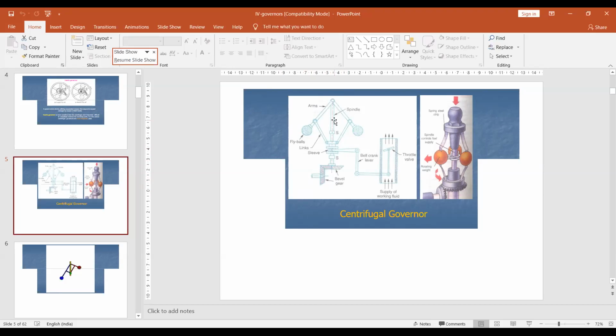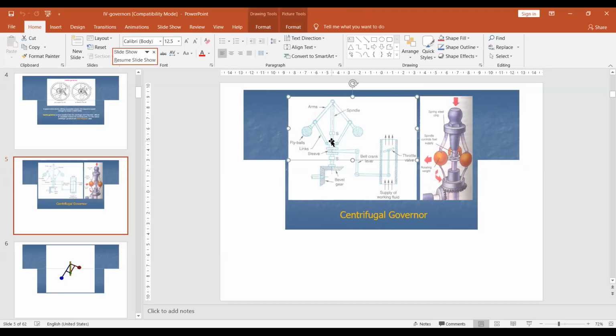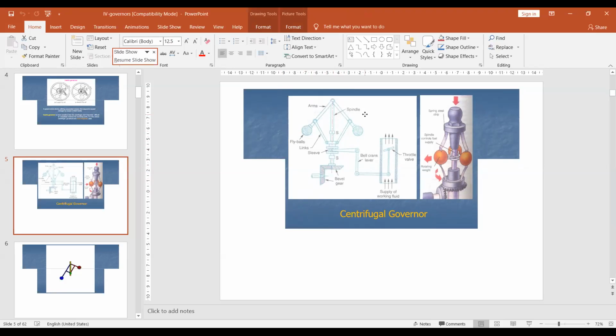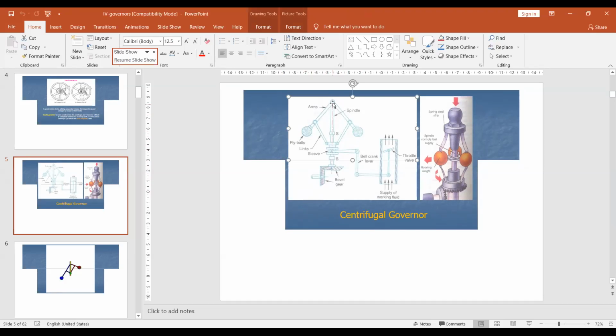Then the arms, which are connected at the pivot point P fixed on the spindle, also revolve. That means the fly balls revolve.